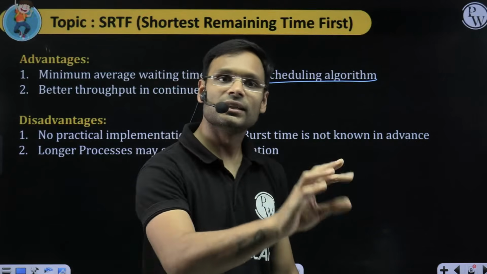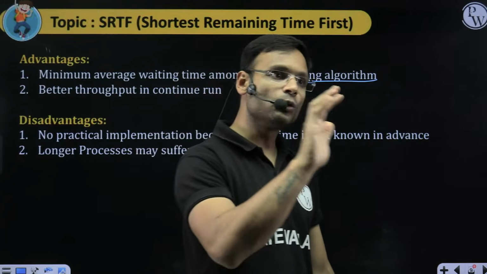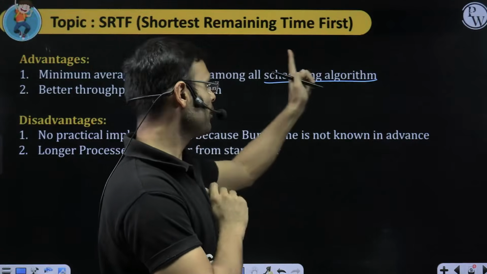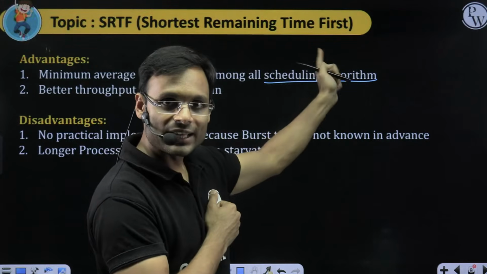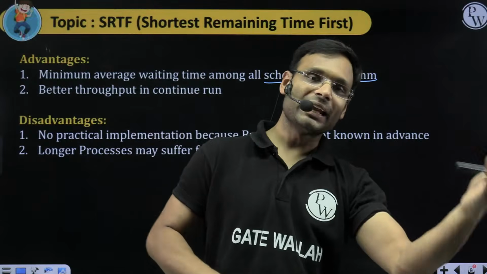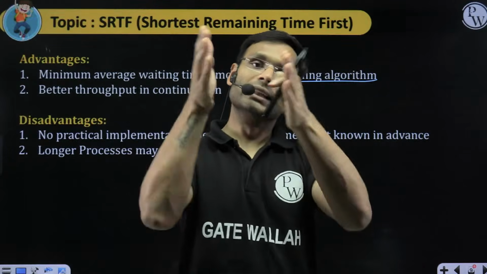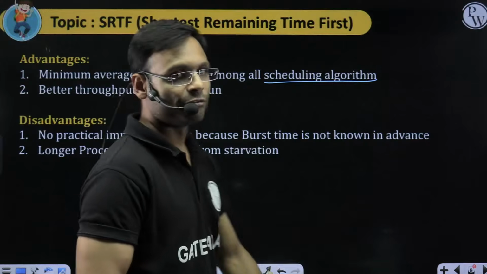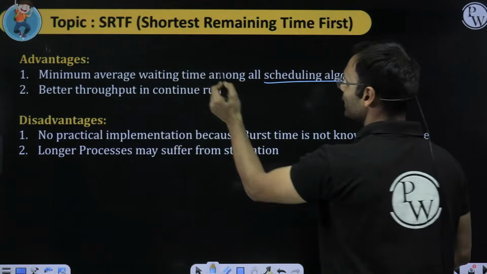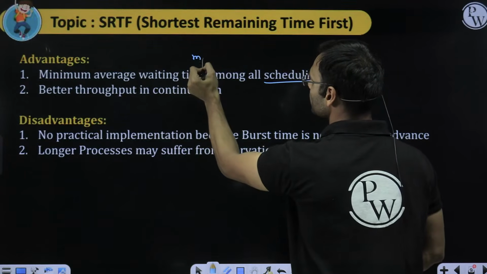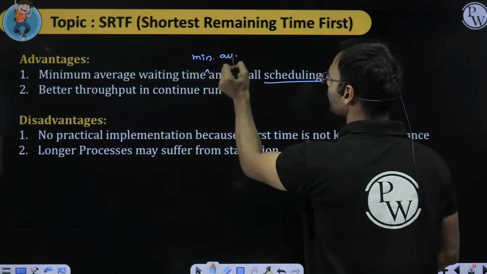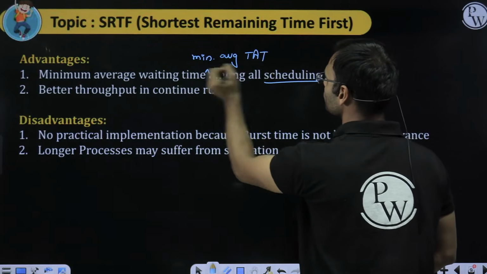The answer is SJF. If you include preemptive only, the minimum average waiting time is given by SRTF. If you include both preemptive and non-preemptive, then too SRTF will give you minimum average waiting time and minimum average turnaround time also.